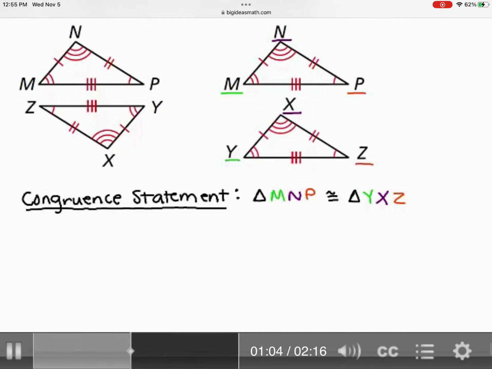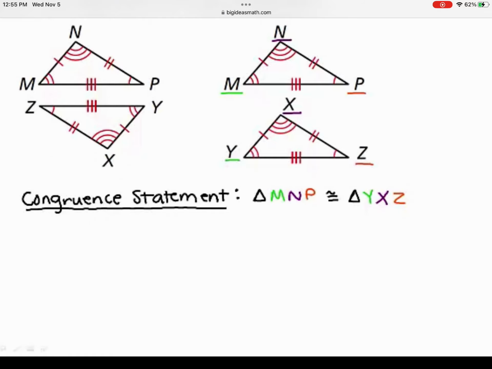To identify all pairs of congruent corresponding parts, first list the corresponding angles.